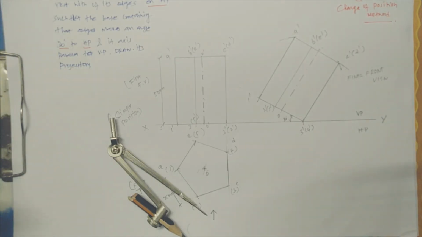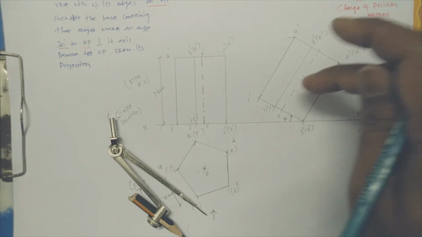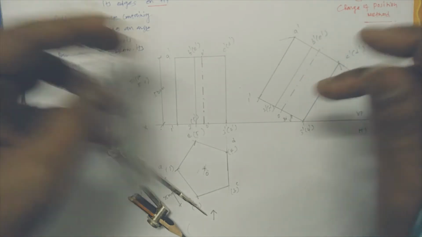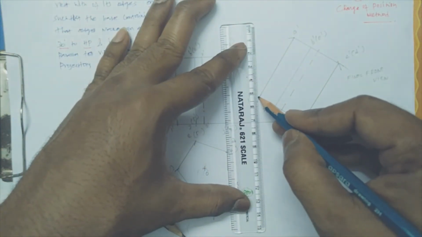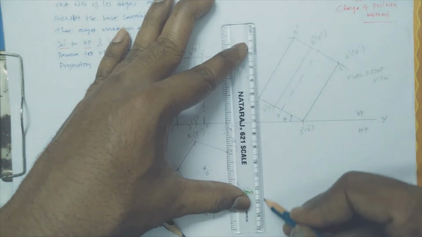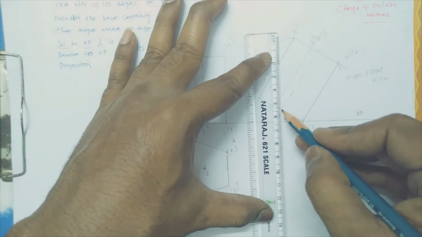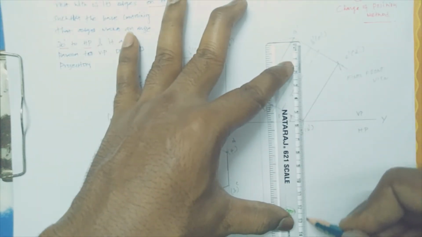Now to draw the top view of this changed position pentagon, it's very simple. You erect the vertical lines from all the edges. 1, 2, 3, 4.